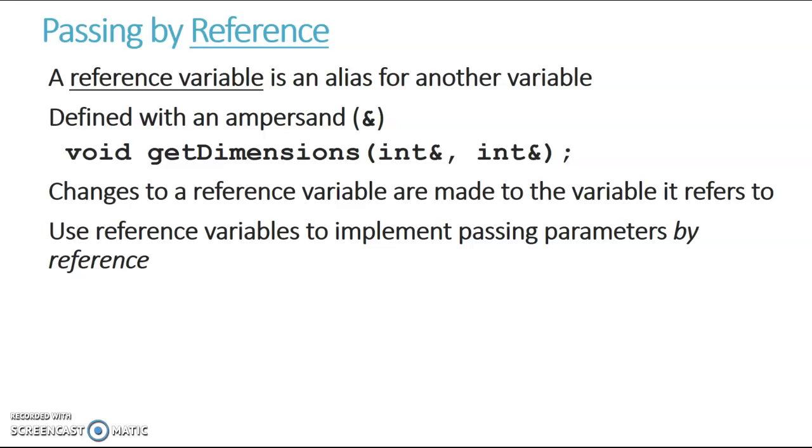Passing by reference. So we talked about passing by value, where I passed a copy of the variable to the function. But passing by reference allows me to change the original variable in memory, its value, after the function is done executing. And we do that by using an ampersand to indicate that these variables that I am taking copies of in here, if I change these variables in the body of the function, they will be reflected back in the calling function.